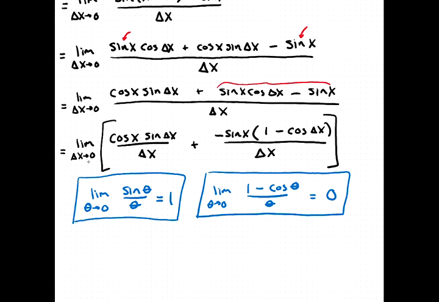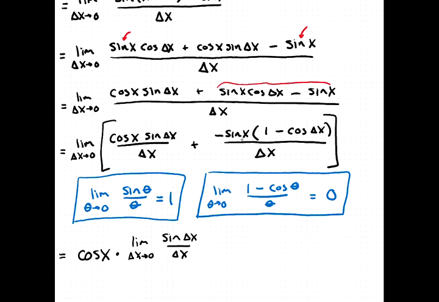So here we have the limit as delta x approaches 0. So we have a cosine of x and a sine of delta x. This limit has nothing to do with the x. This limit only has to do with the delta x. So this cosine is not affected by the limit. So what we could do is put that cosine out front. Cosine of x times the limit as delta x approaches 0 of the sine of delta x over delta x.